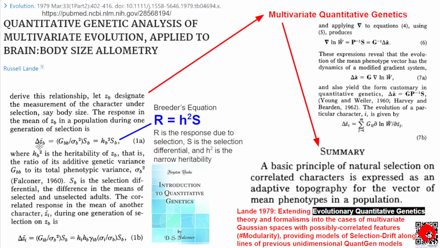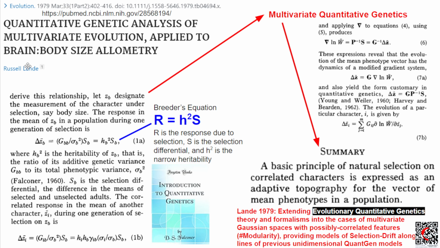Z is reflecting the response to selection, delta Z being the change in the trait Z. This is related to the breeder's equation, sometimes more simply seen as R equals h squared S. So the beginning of this paper sets up continuity with the early classical quantitative genetics, Falconer and earlier, and some of those times and methods that were described as underappreciated by the authors.